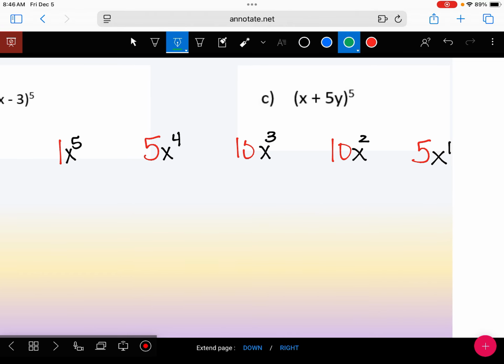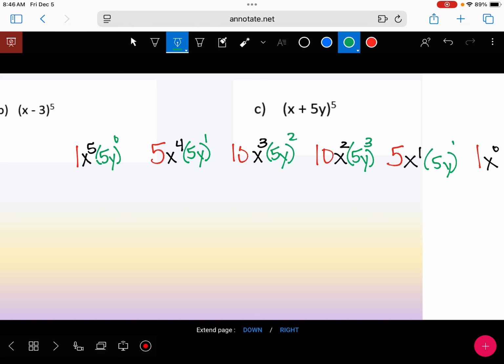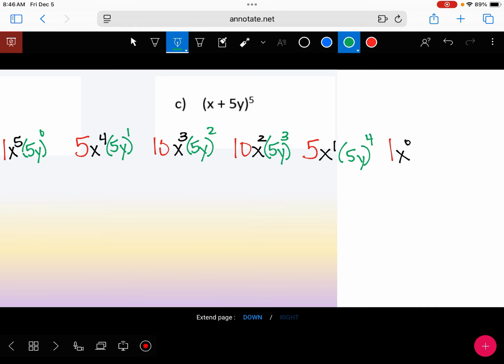So positive 5y, I'm going to start with a 0. Positive 5y, that goes to a 1. Positive 5y squared. Positive 5y cubed. Positive 5y to the power of 4. And then positive 5y to the power of 5.